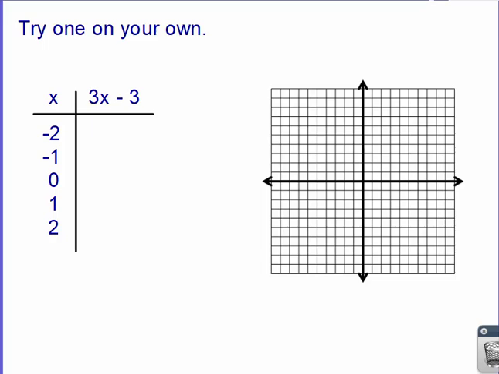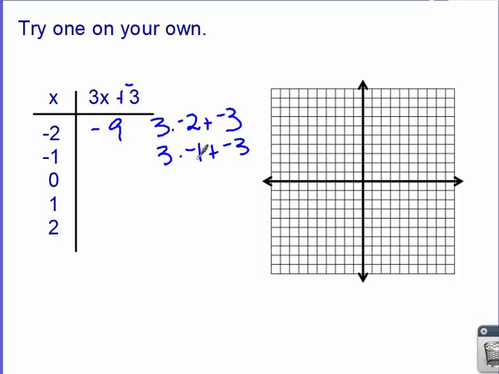Okay, let's see how you did. The first thing I'm going to do is change my subtraction to addition next to its opposite. Now I'm ready to evaluate. So this first one says 3 times -2 plus -3. So 3 times -2 gives us -6, plus -3 gives us -9. Then 3 times -1 plus -3, because my x value changed.